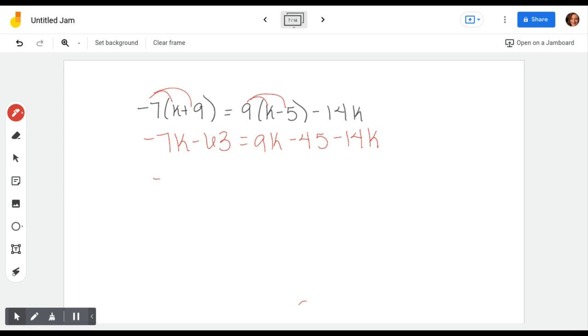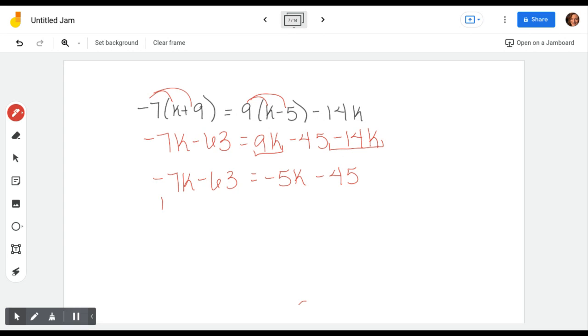So on the left, I've still got negative 7k minus 63. On the right, let's put those k's together. 9k minus 14k, that's a negative 5k. And then I have minus 45. So I've got to get my k's together. I can add the 5 or I can add the 7. And kind of thinking ahead, I hate negatives.